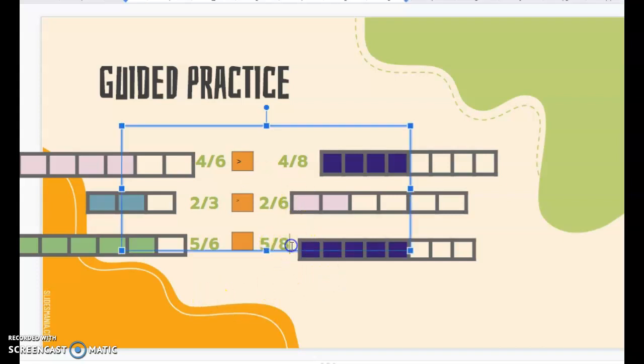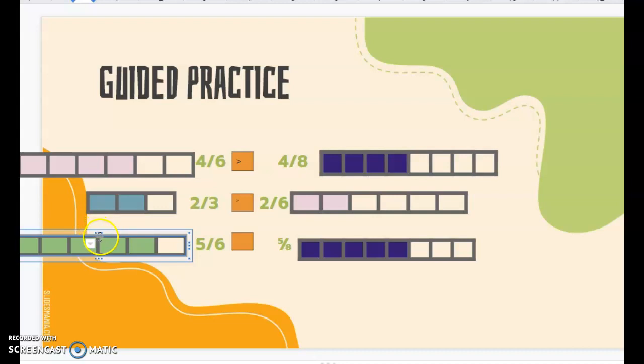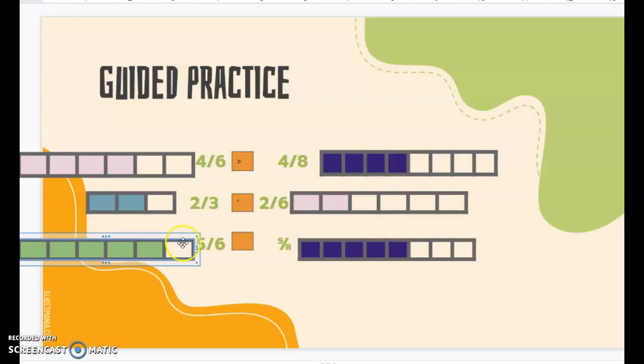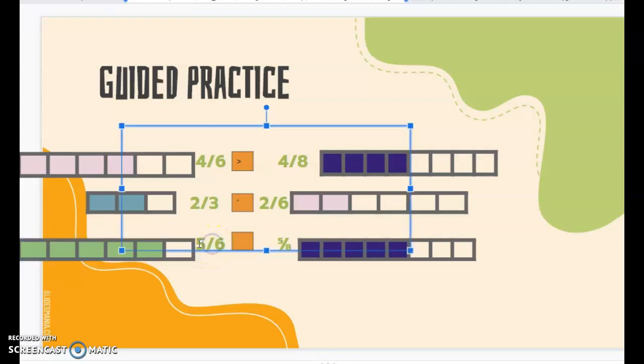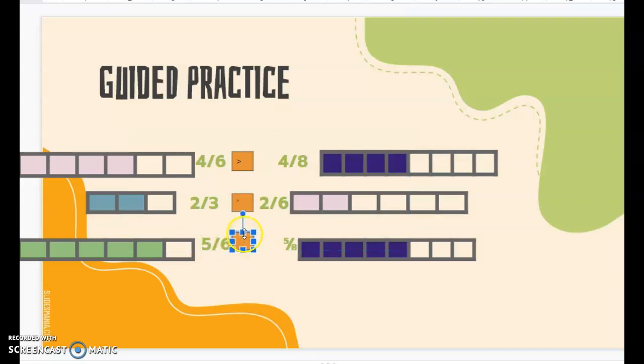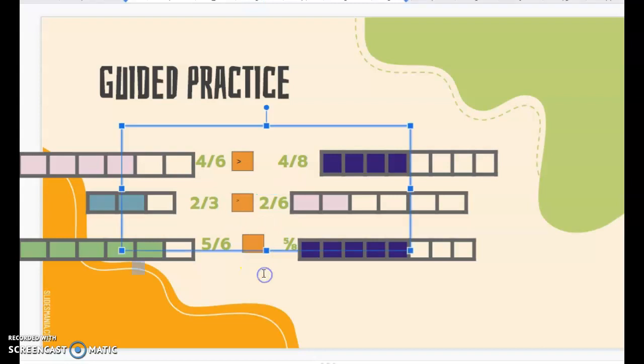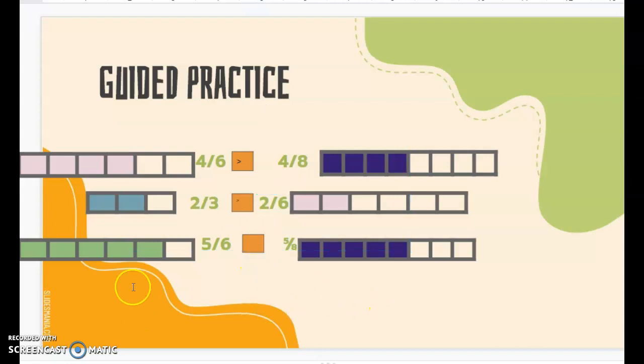And for our last one, we have 5/6, and we are comparing 5/6 to 5/8. And we can see that we have bigger parts for 6ths than we do with 8ths.